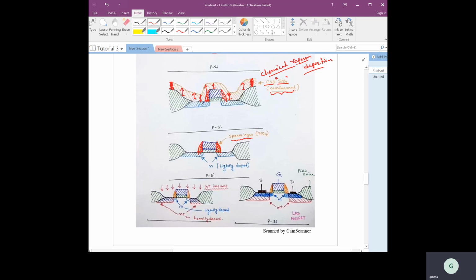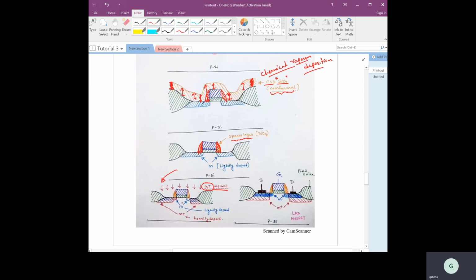Once you have formed the spacer layer, you are almost done. After that, you have to do another implant of these pentavalent impurities to make the heavily doped N plus regions. Now this region is covered with the spacer oxide, so penetration of the pentavalent impurities will be difficult.